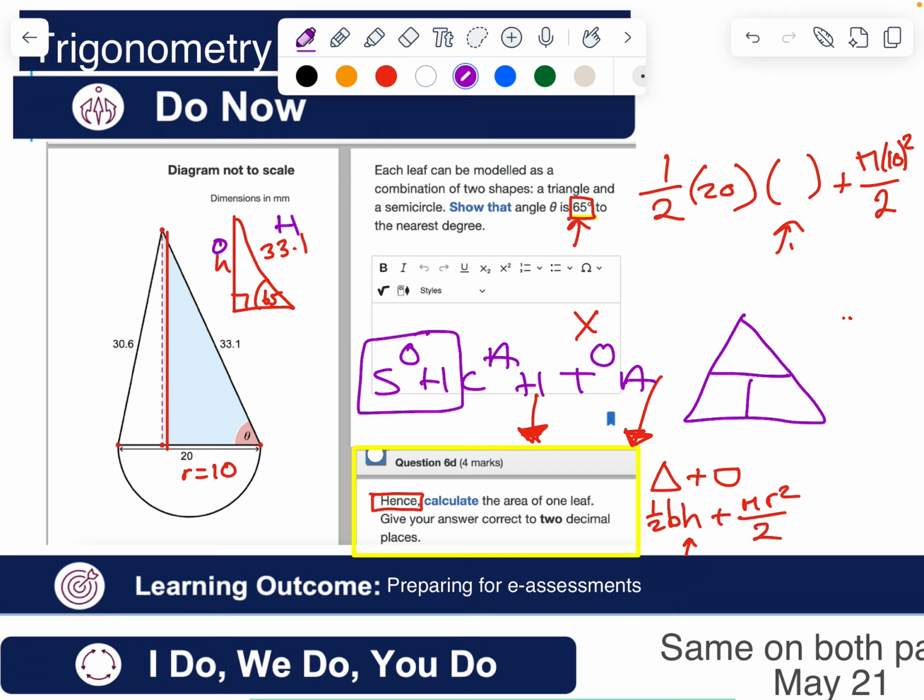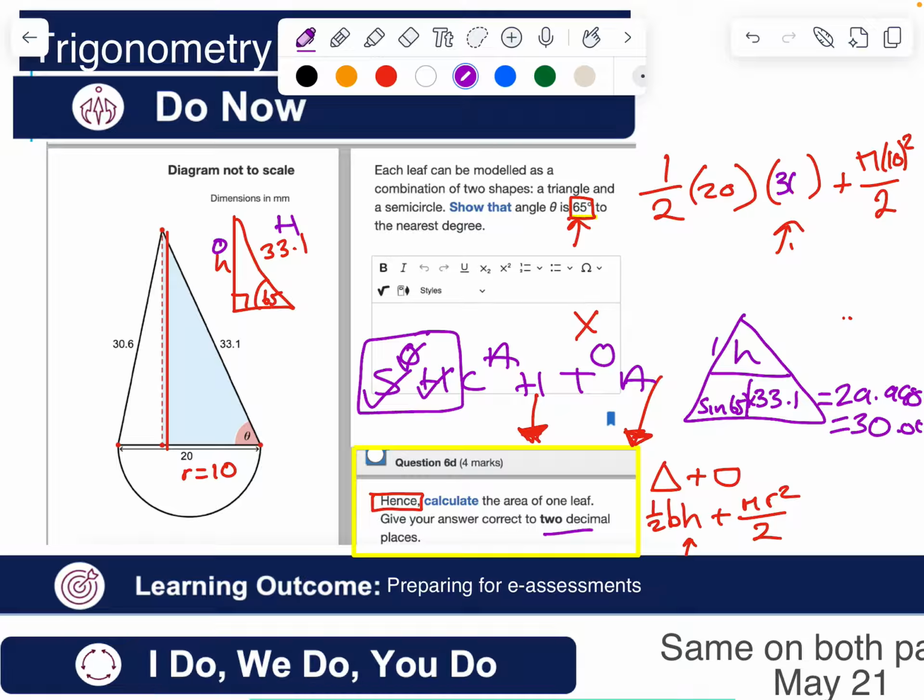The opposite, at the top, is H. The hypotenuse, at the bottom, is 33.1. The angle we are given is sine 65. To work out the top, you just multiply them together. So sine 65 times 33.1 gets you 29.998. Because it's to 2 decimal places, I'm going to round that to 30.